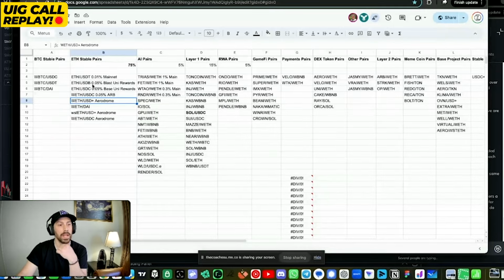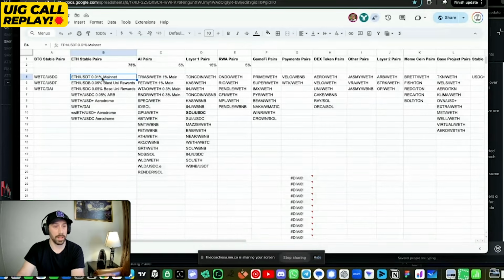Then on Uniswap, we can take a look at different chains. I think the highest paying ETH stablecoin pair on Uniswap across all chains right now is ETH USDT at the 0.01% fee tier on ETH mainnet.